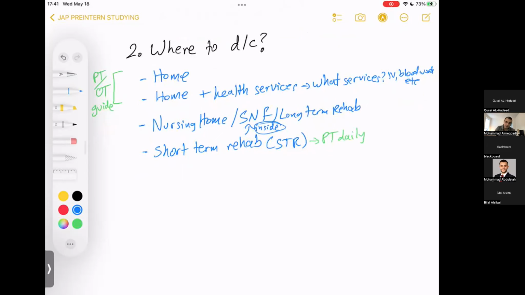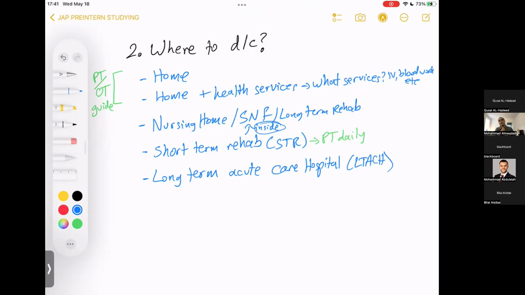And then finally, where patients can go is something called a long-term acute care hospital. Again, think hospital. This is called LTAC. Okay, so this is a real hospital. Usually who ends up there are people who are unable to wean from the vent, for example.